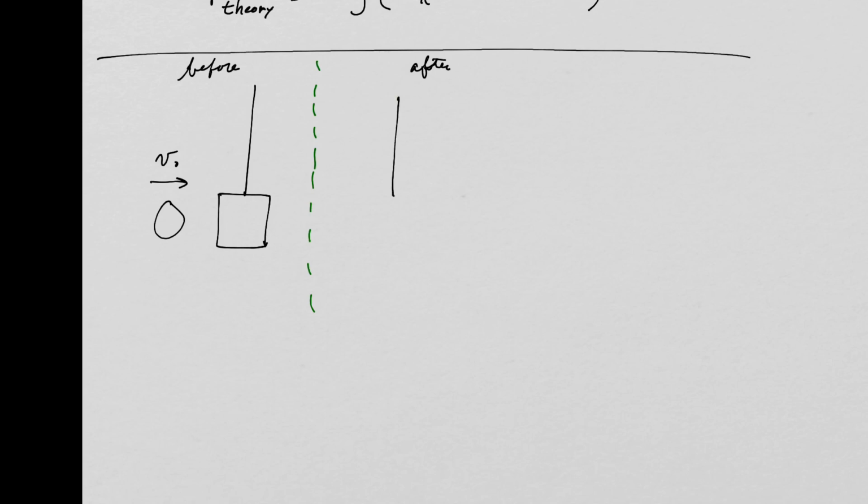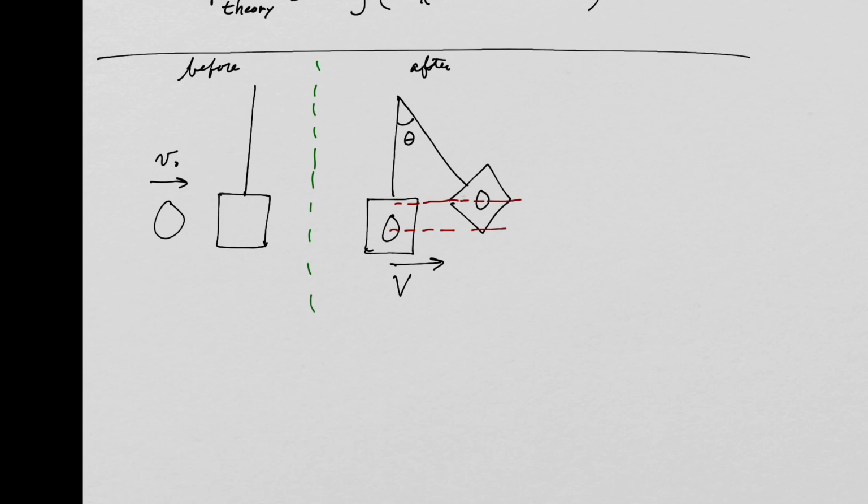And now basically the ball was embedded in the pendulum. It moved off at some velocity, v, and then it swung to like a maximum height here. And that height was like from here to here, right? So that's like our delta H, from there to there.